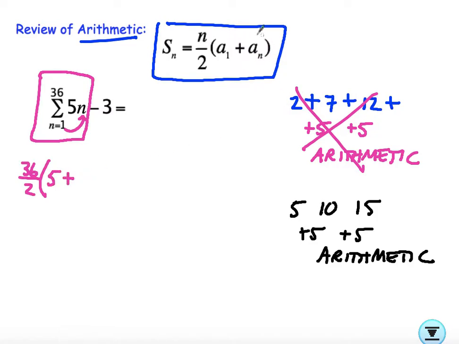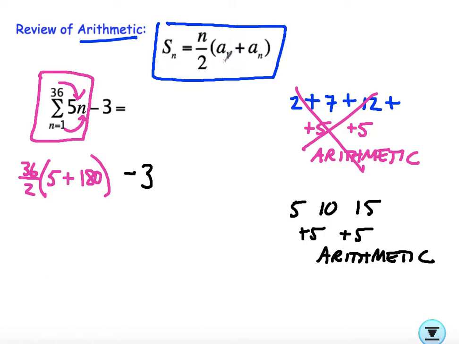Plus, my ending term is what I get when I plug in a 36. So if I do 5 times 36, I will get 180. Okay, so that is all of that summation stuff. And then at the very end, I would subtract a 3.